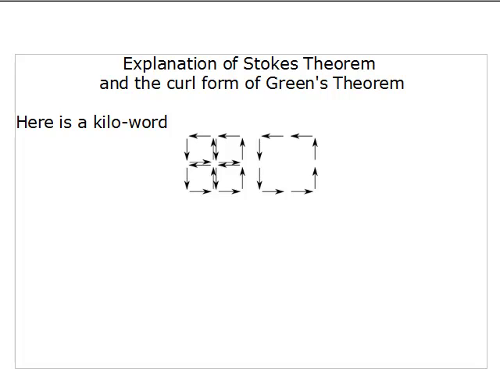Now the other theorem to explain is Stokes' theorem and the curl form of Green's theorem. Those have to do with the tangential component of the boundary. I call this diagram a kiloword.